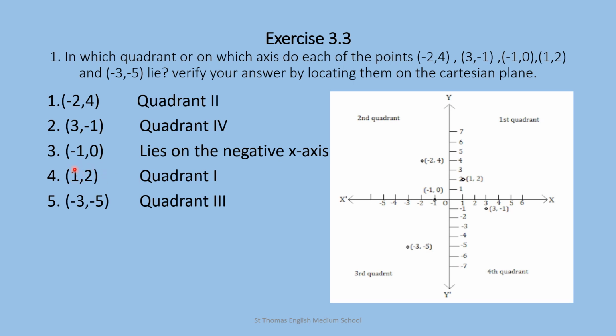Both the x coordinate and y coordinate are positive. Therefore, positive x-axis and positive y-axis, that will be the first quadrant. Moving to (-3, -5), the x coordinate is negative and y coordinate is negative, that is negative x-axis and negative y-axis that enclose the third quadrant. So the point (-3, -5) is lying in the third quadrant.